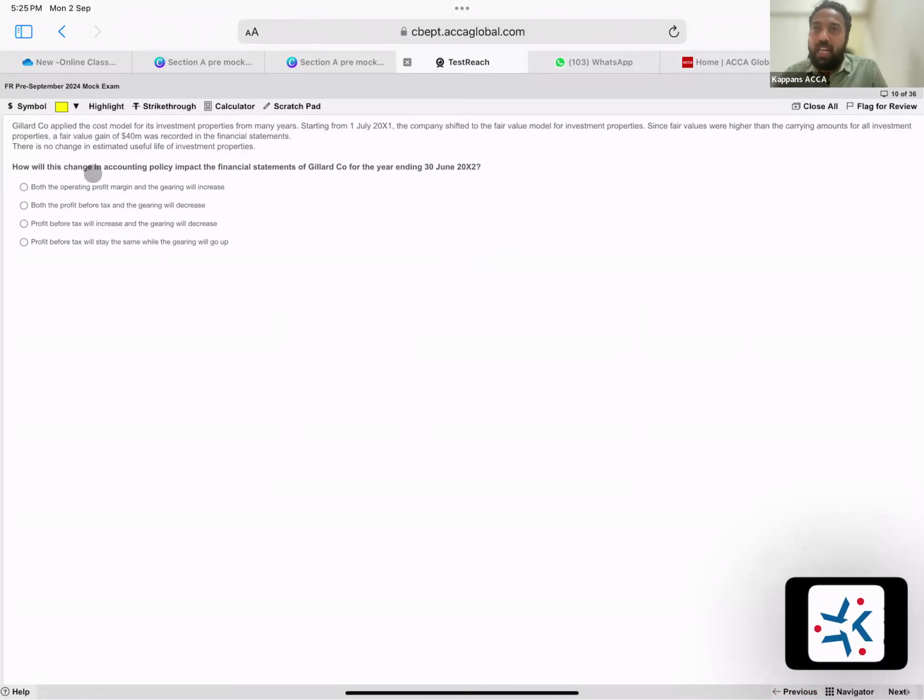How will this change in accounting policy impact financial statements of Gillard Company for the year ending 30 June 20X2? So read the question. Gillard Company applied cost model for its investment property for many years.